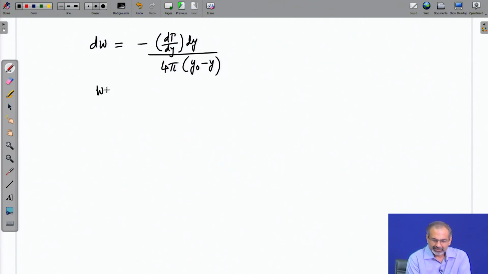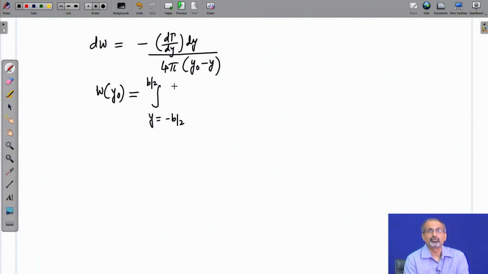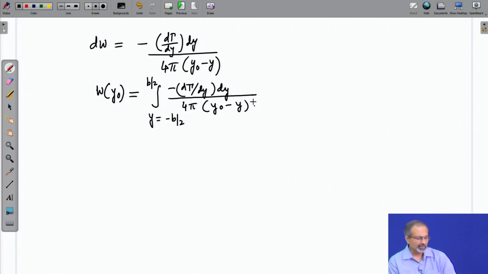Now, if you integrate along the entire lifting line covering the entire span of the wing, then you will have the total value of w at y naught. This is the expression.